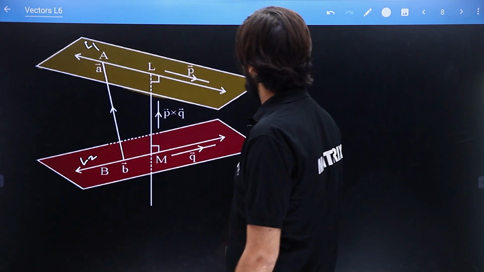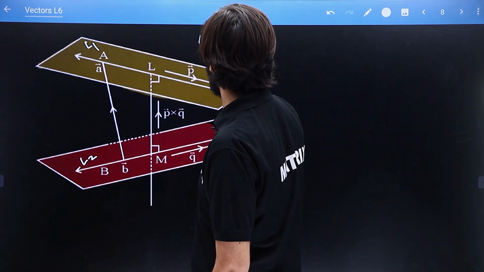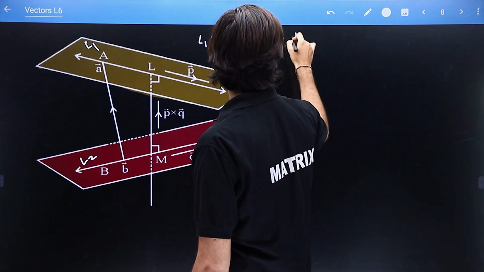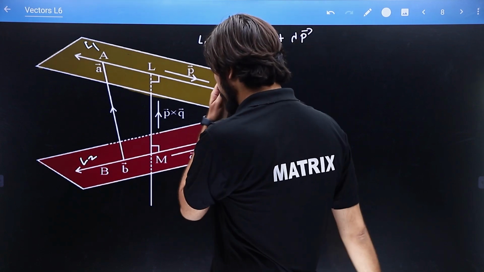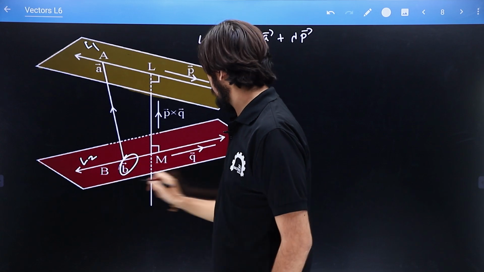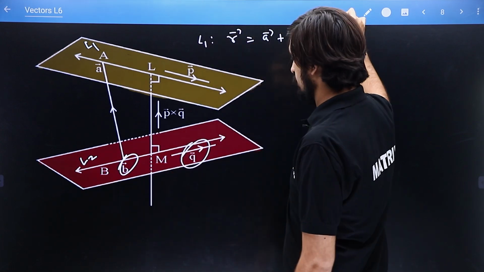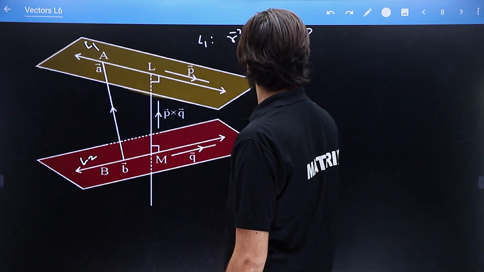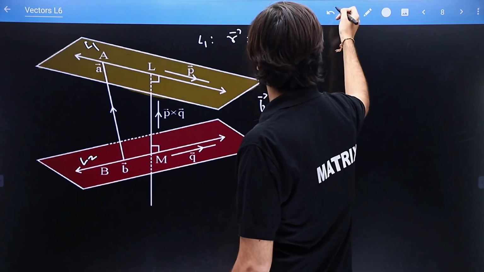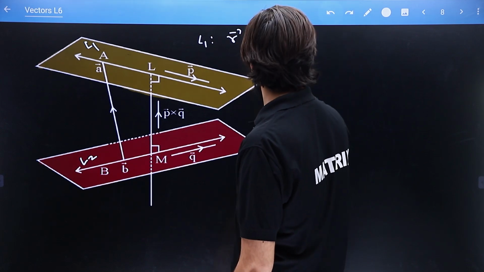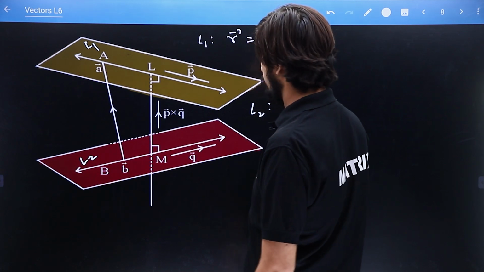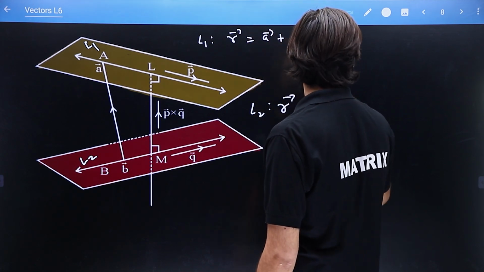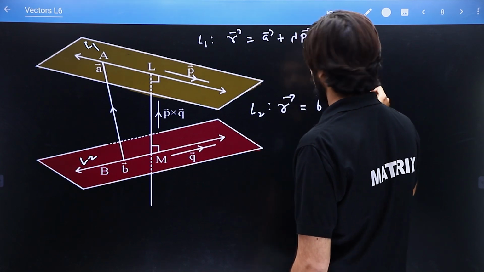L1 is passing through A. So the equation of L1 will be vector R equals vector A plus lambda times vector P. And the equation of L2, passing through vector B with direction vector Q, will be vector R equals vector B plus lambda times vector Q.